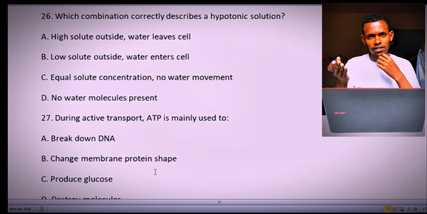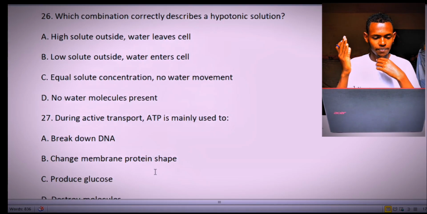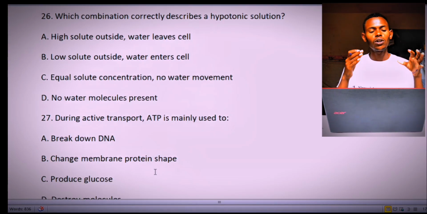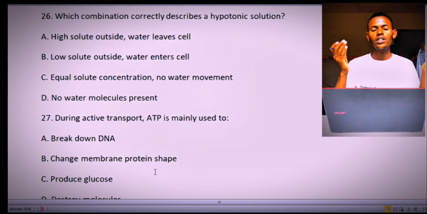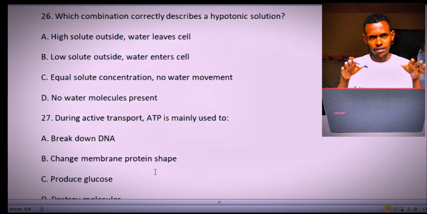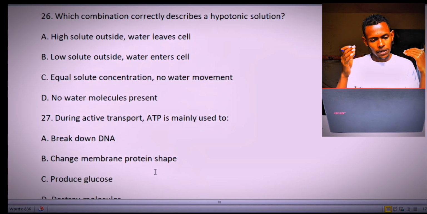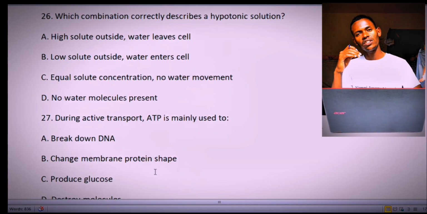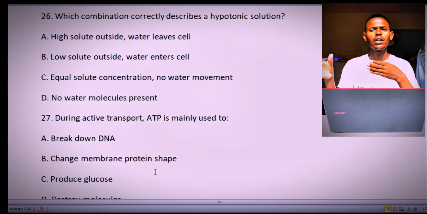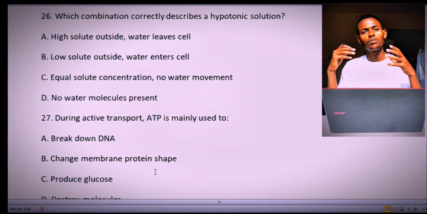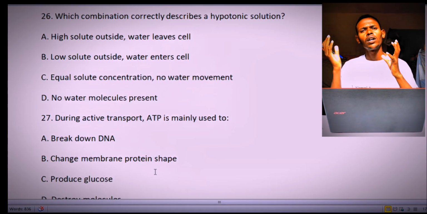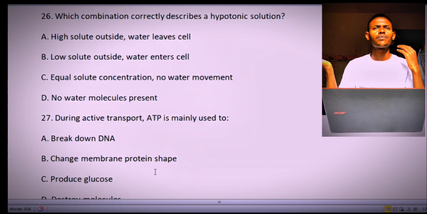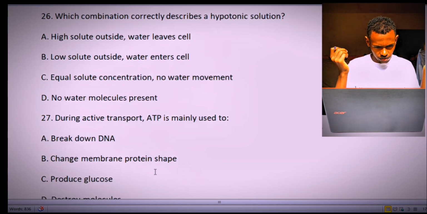It is B. Low solute outside and water enters the cell, because the solute in the cell is more than the solute outside. So water always moves from where? From low solute concentration to high solute concentration.